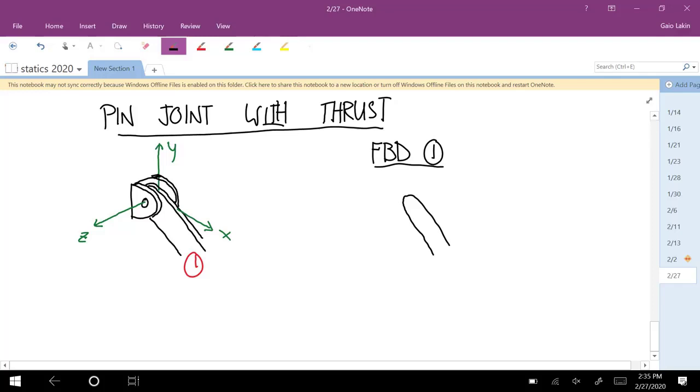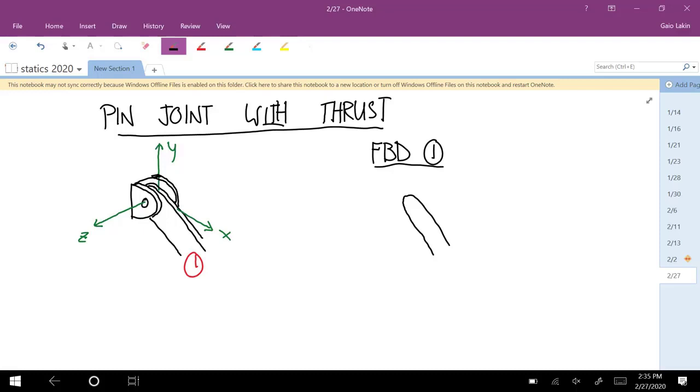Okay. And so let's think first about translations. Can I translate this joint that way and that way? No. So there's a force in that direction. How about up and down? No. And now we also can't translate along that pin. Okay. So there's a full unknown force vector applied.